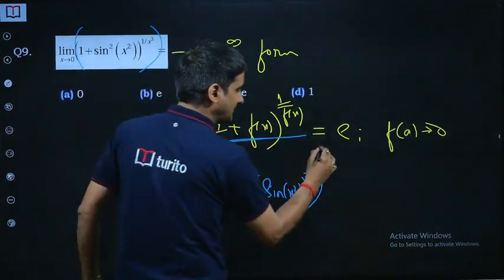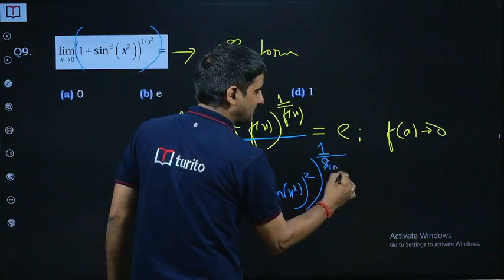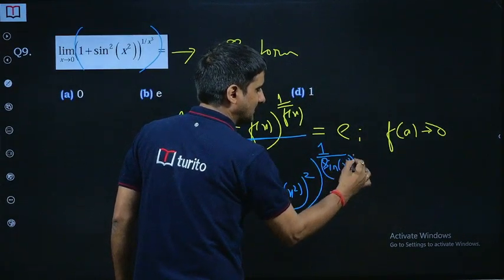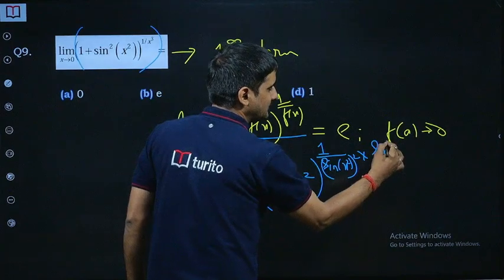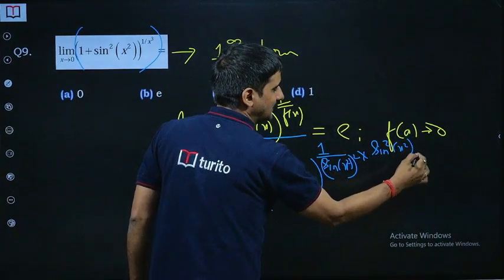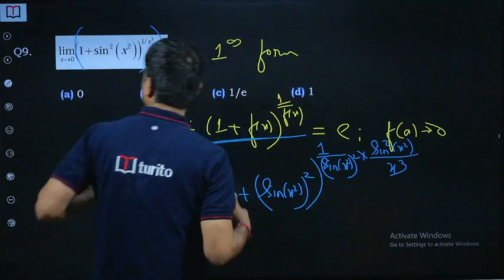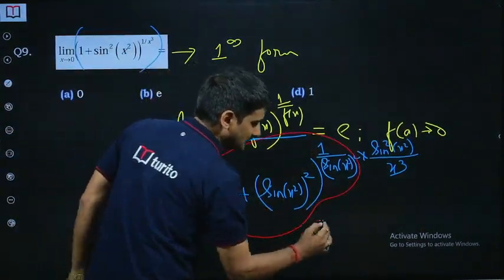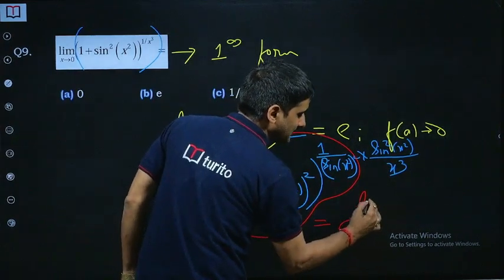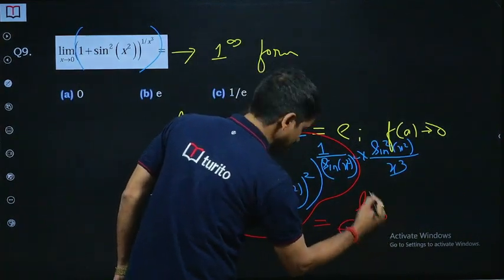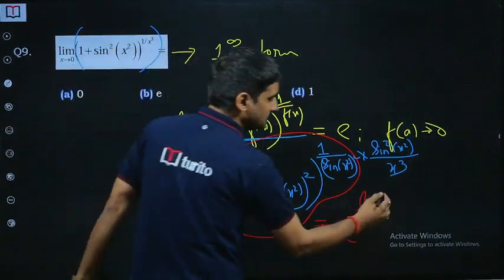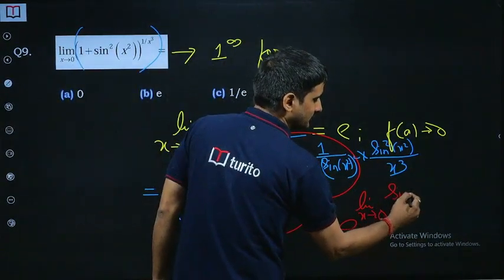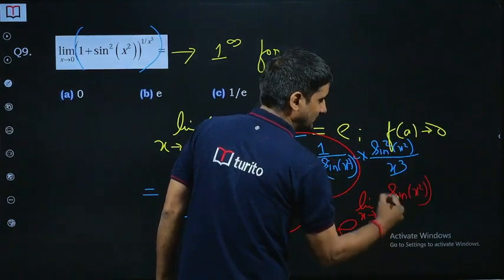So we need 1 by f(x), so 1 by sine of x square whole square, and then you multiply also to balance it, and then you have x cube there. So this is e raised to the power, we take the limit inside, x tends to 0, and then you have to simply solve it: sine of x square whole square over x cube.